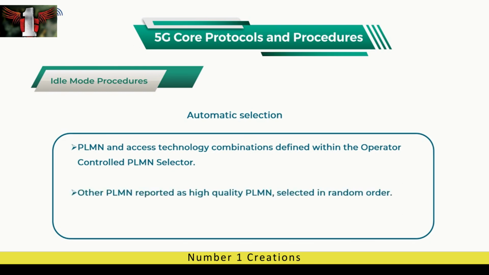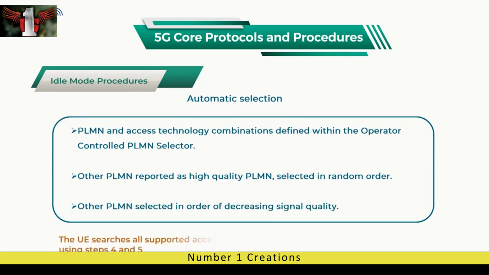Fourth, other PLMNs reported as high-quality PLMNs selected in random order. Fifth, other PLMNs selected in order of decreasing signal quality. The UE searches all supported access technologies before selecting a PLMN when using Step 4 and Step 5.